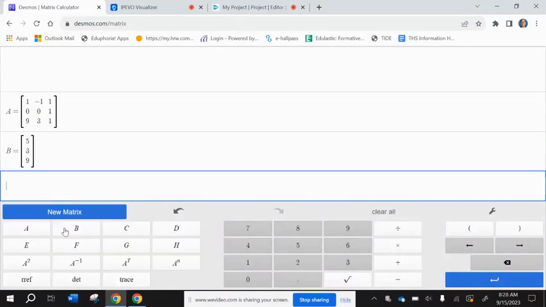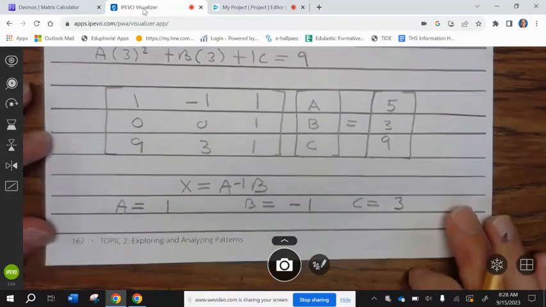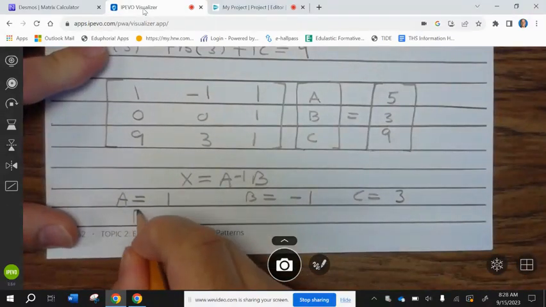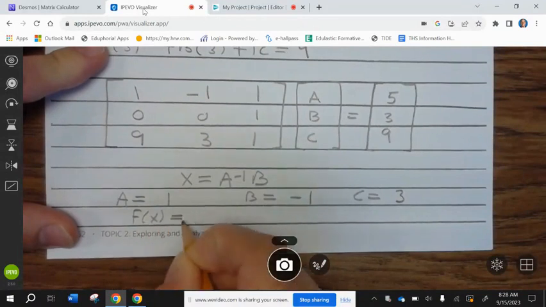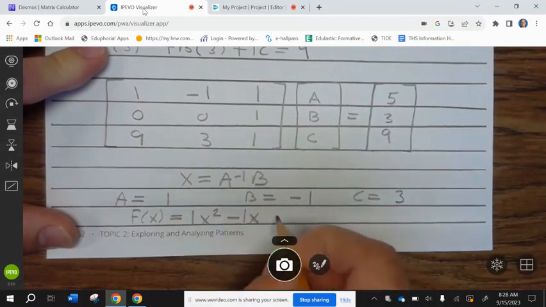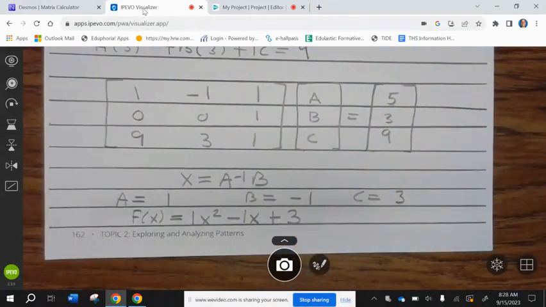Press enter. And then we're going to do A inverse B. So a equals 1, b equals -1, and c equals 3. Okay, so our equation is f of x equals 1x squared minus 1x plus 3. All right, go ahead and finish that up.